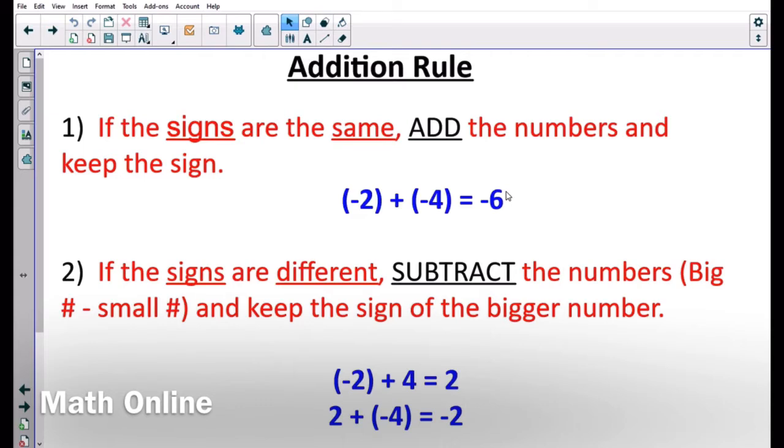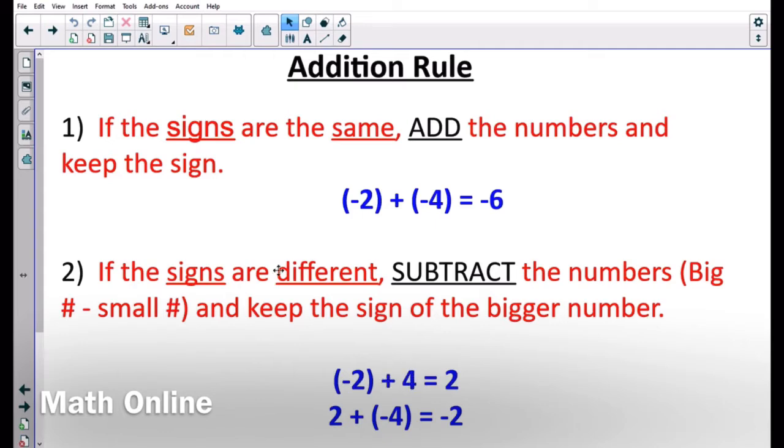If the signs are different, on the other hand, if the signs of the numbers are different, then what we're going to do is subtract the numbers and keep the sign of the bigger number. So here's how it works, okay? So we're going to look at this scenario here. We have negative 2 plus 4. We can see that the 2 has a negative sign, the 4 has a positive sign.